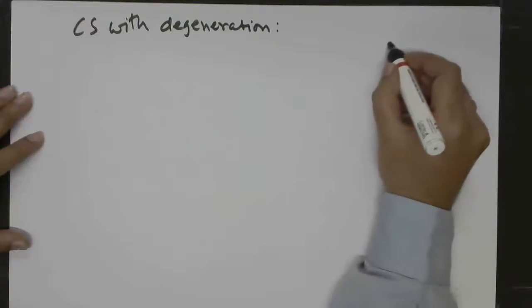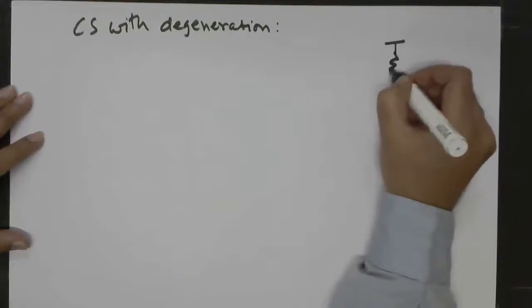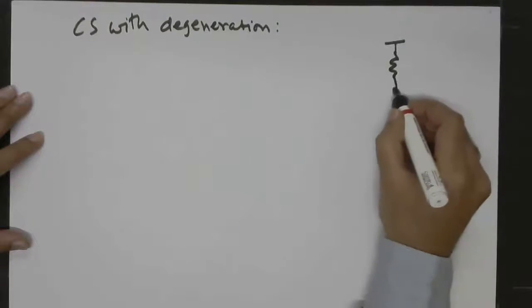So we will again start with the simpler version. That means we have resistive biasing.